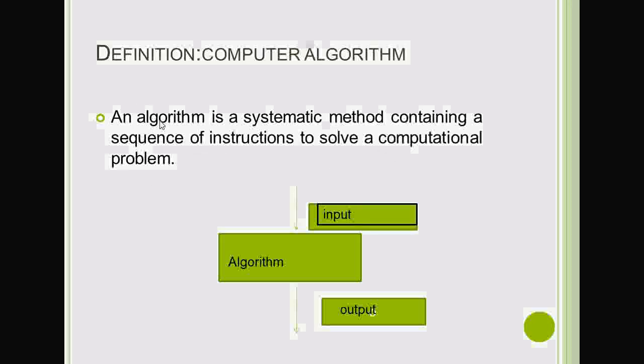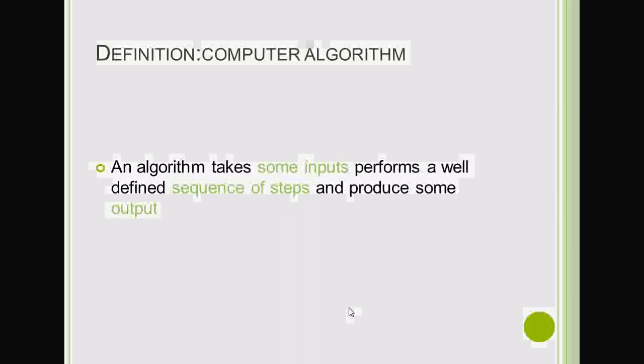In the algorithm, you give input, the algorithm processes the input and produces an output. An algorithm takes some input, performs a well-defined sequence of steps and produces some output. This is the definition of a computer algorithm.